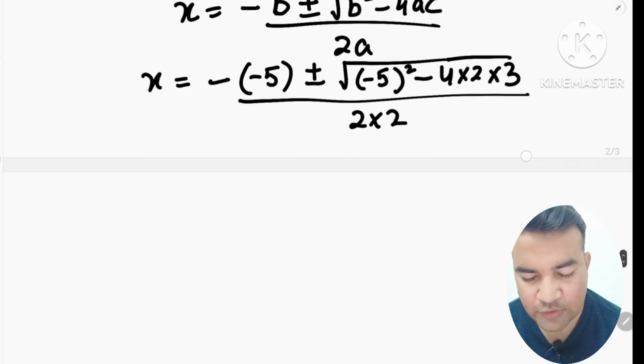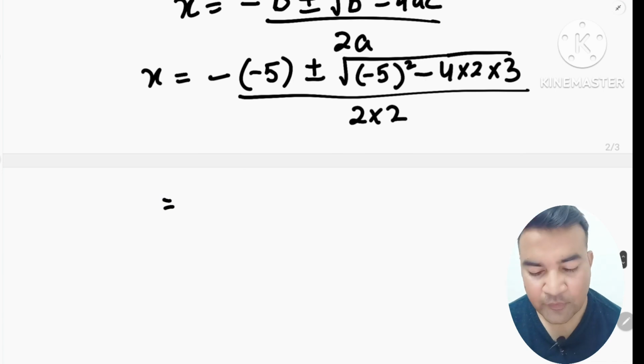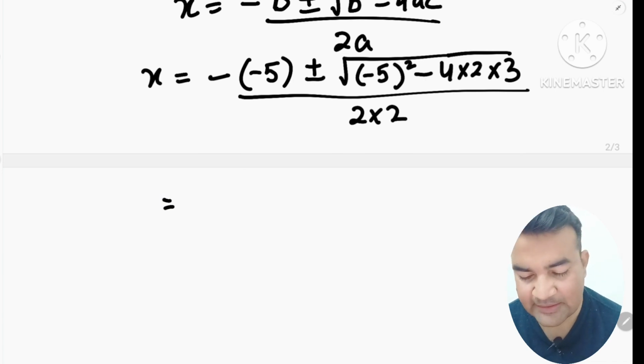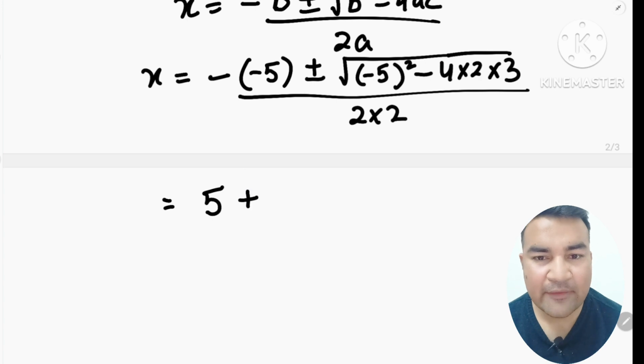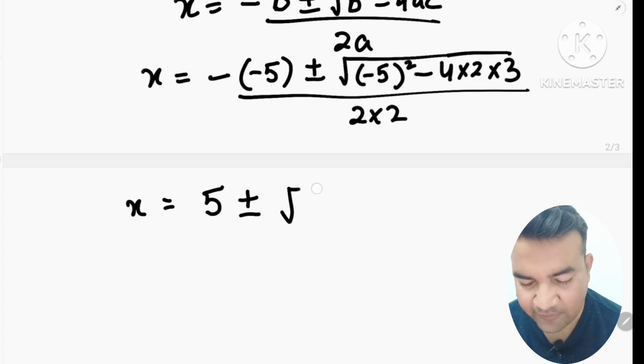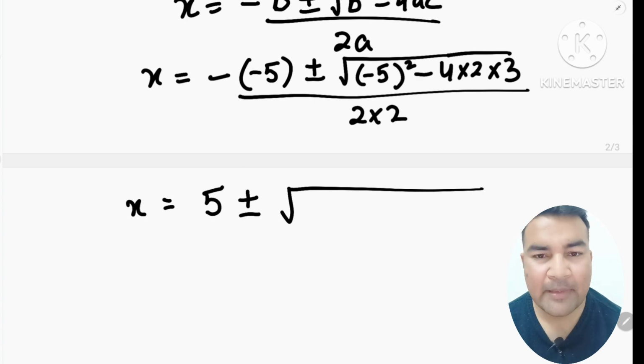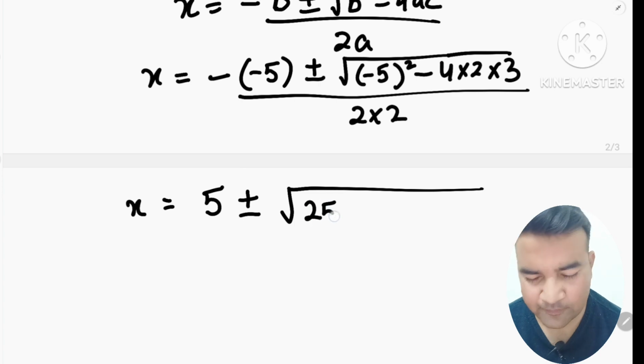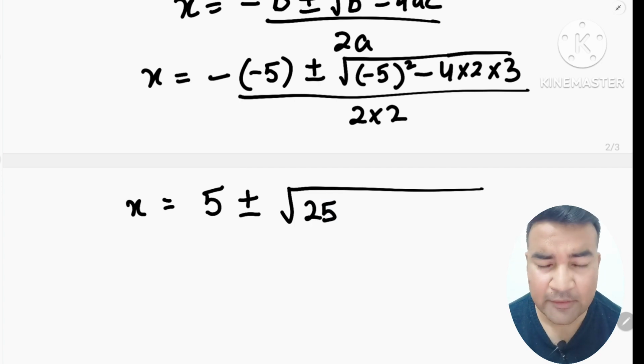Now we will simplify this equation. Minus 5 times minus will be positive 5 plus minus under root, minus 5 square is minus 25. No, it's positive 25. Whenever you have an even power, your answer will always be positive.